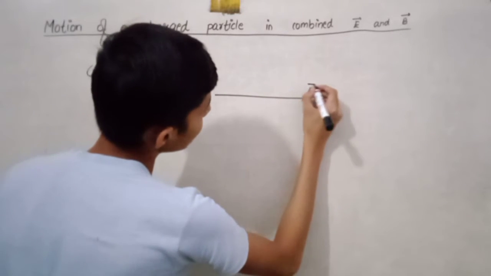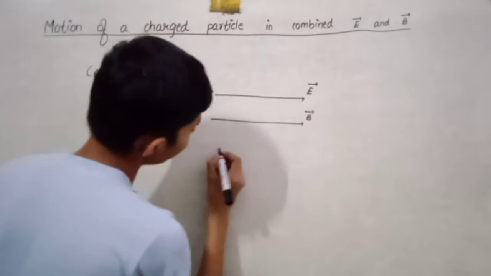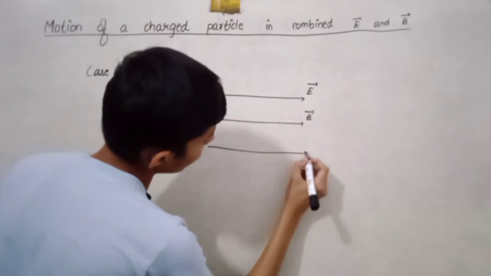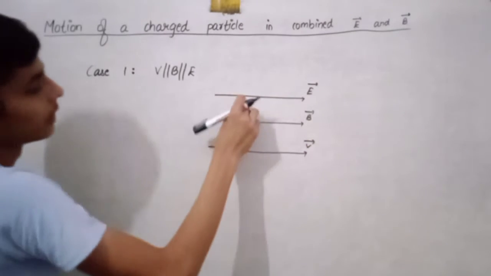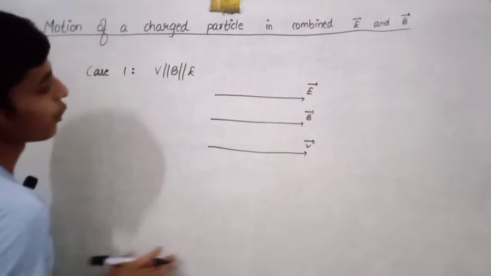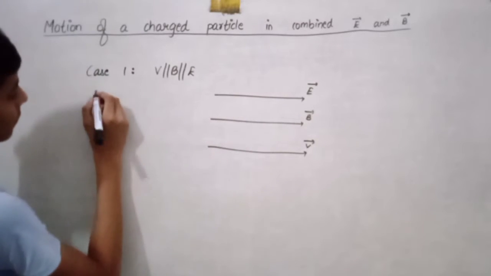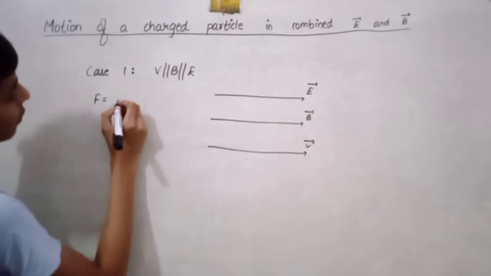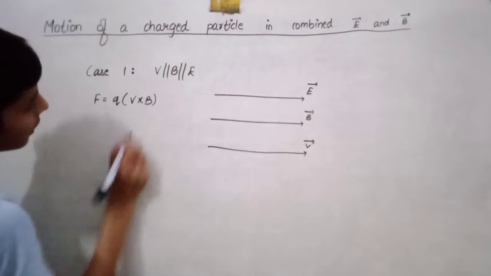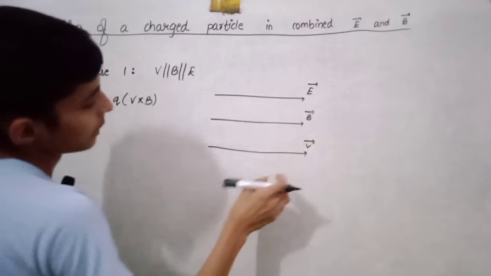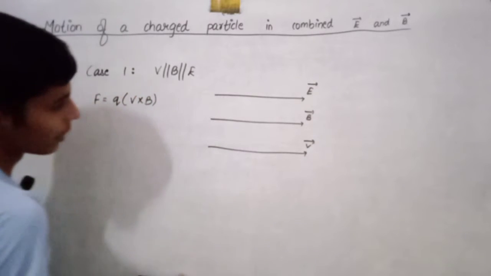This is our electric field, this is our magnetic field, and this is our velocity vector. So these three are parallel to each other. In this case, magnetic force equals Q V cross B, and we know that the angle between the magnetic field and velocity is 0.